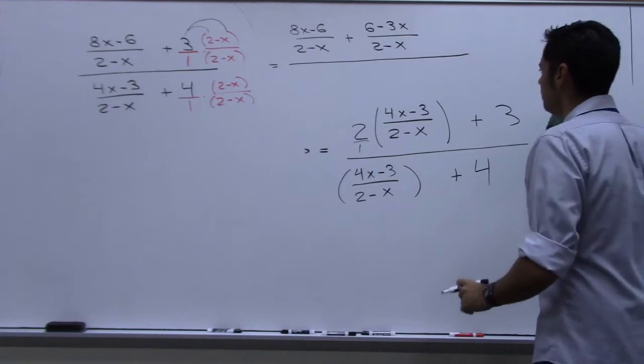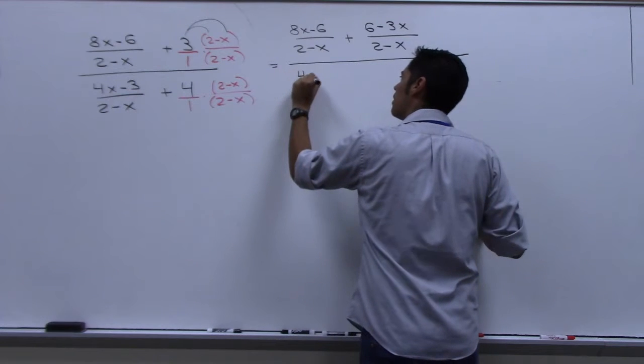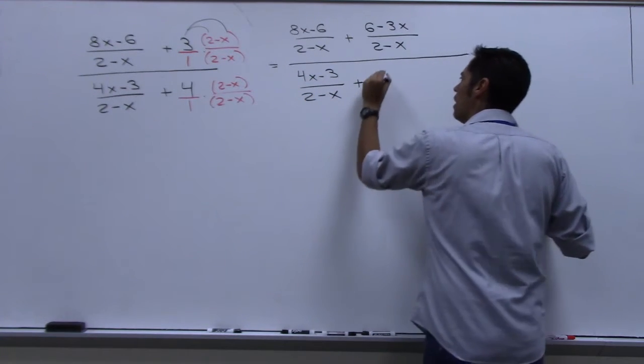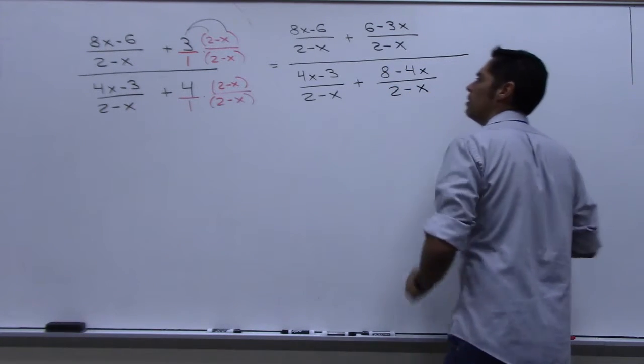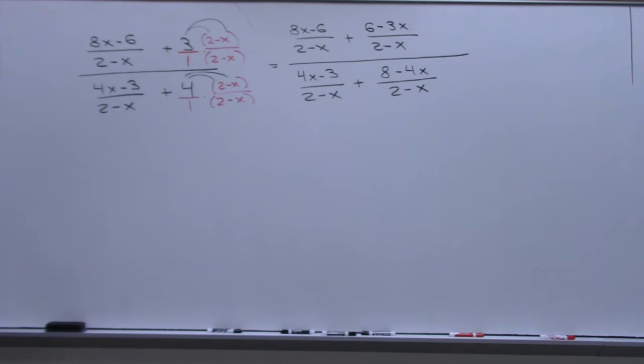And then on the bottom, 4x minus 3 over 2 minus x plus 8 minus 4x over 2 minus x. So again, distributing the 4 through there. Now the top and bottom both have common denominators, so we can put them together.